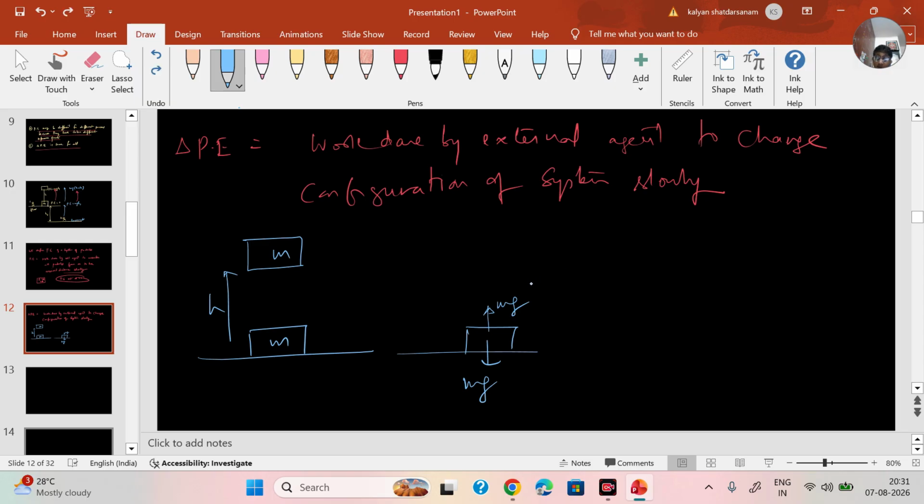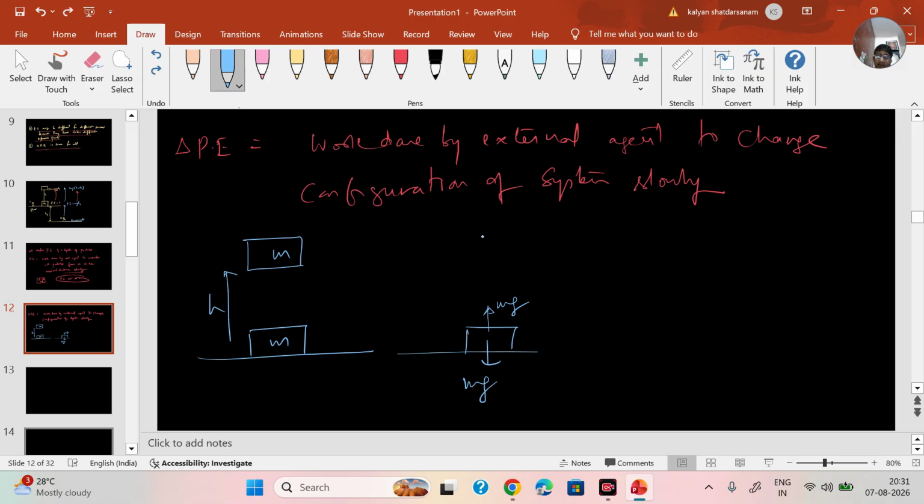So effectively, what force did you apply? You applied mg only. Of course, you can counter me and say, no sir, initially I applied slightly more than mg, but that was only infinitesimally more than mg to get the block started moving. Once the block starts moving, you applied mg only. So net force is 0. Block continues to move with that small velocity.